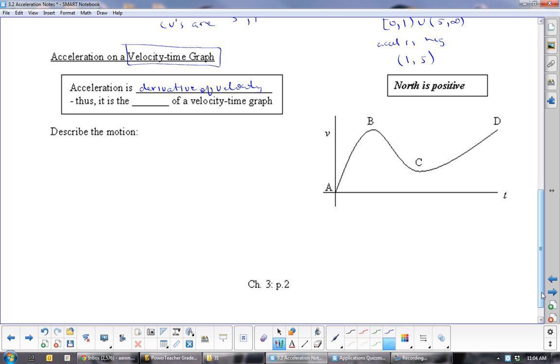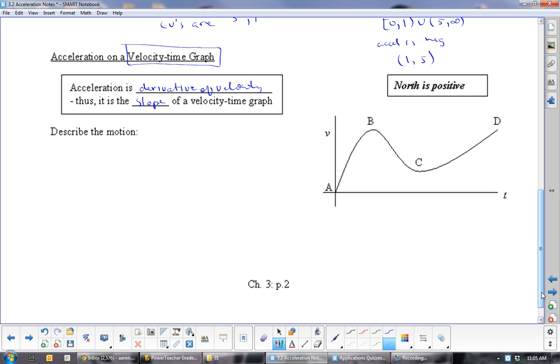Okay, when we're finding the first derivative of any graph, what are we always finding? Slope. Okay? When we're finding the second derivative of any graph, we're actually finding sort of the slope of the slope, or when slopes are increasing and when slopes are decreasing.